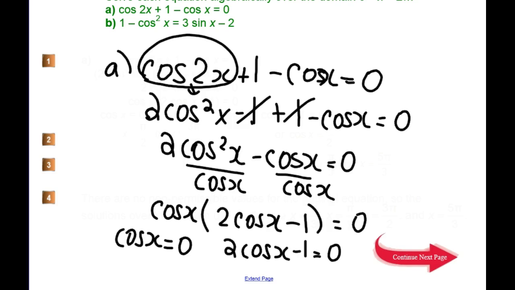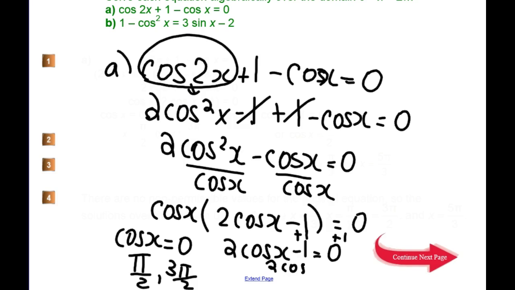Okay, so in here, cos x is equal to 0. So on your unit circle, where is cos 0? Okay, at half a pi and 3 pi over 2. Okay, and then if we solve to find out what cos is here, I'll add 1 over.